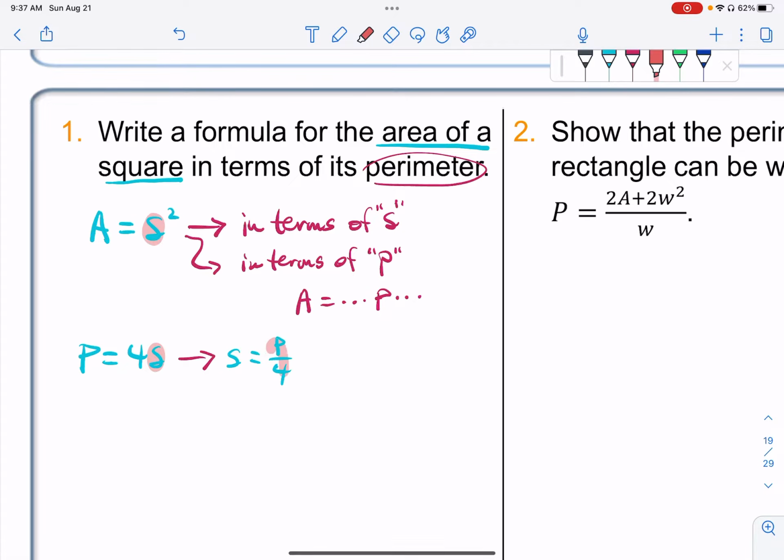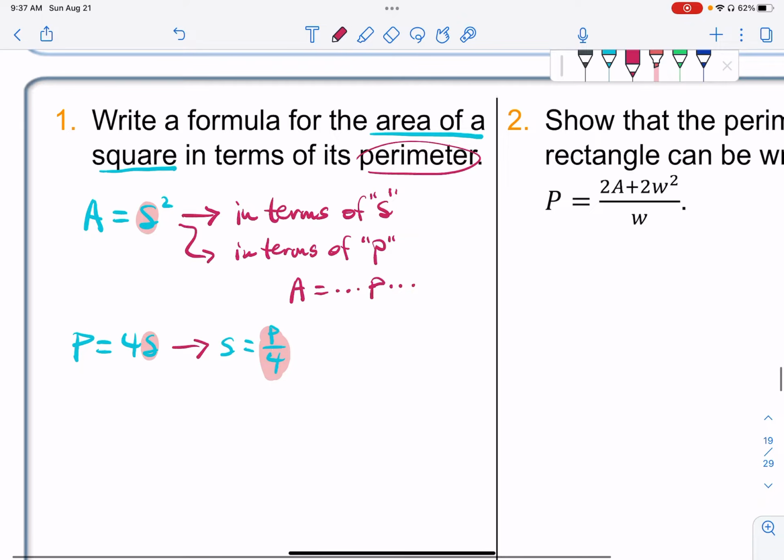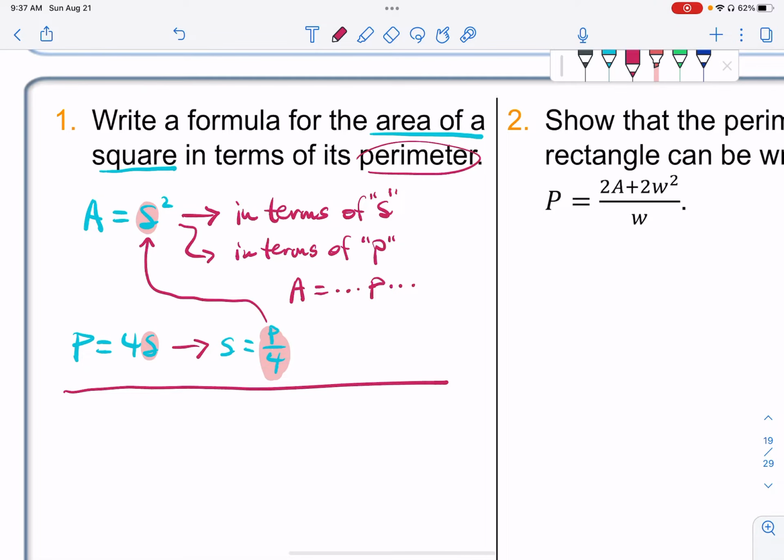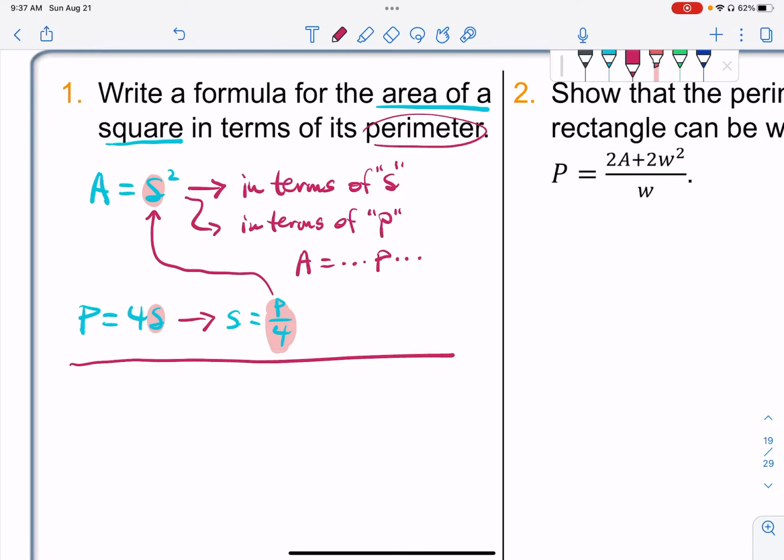Now I'm going to take this P over 4 and substitute it for S in the original area formula, which will look like this. A is equal to, think of S as a placeholder and put P over 4 in its place, and then square it. And once again, this is an acceptable answer.